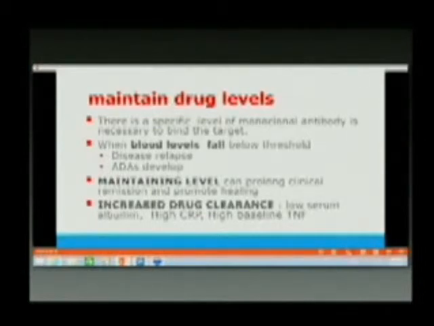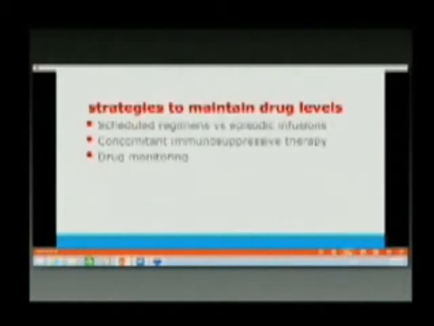So in those situations where you have, for example, high CRP, high TNF, low albumin, you might need to monitor the levels of your drugs. Not to mention, you might need to give higher doses of your biologics.